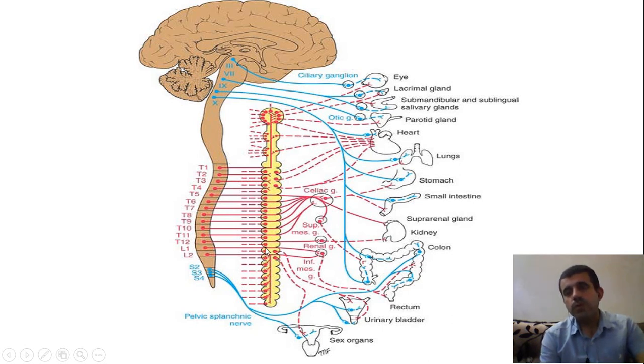The parasympathetic, we said, is also called craniosacral outflow. So it comes from the brainstem through the cranial nerves. We said the cranial nerves also contain autonomic nerve fibers.